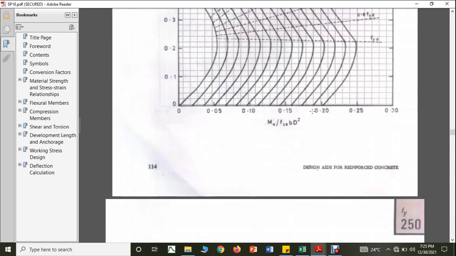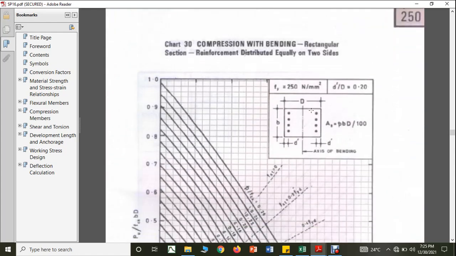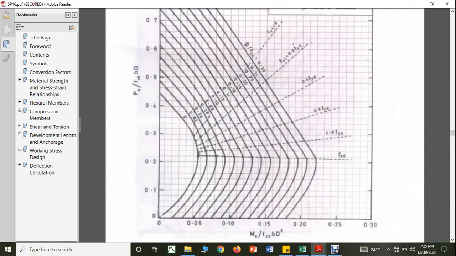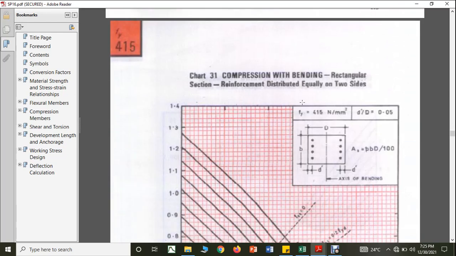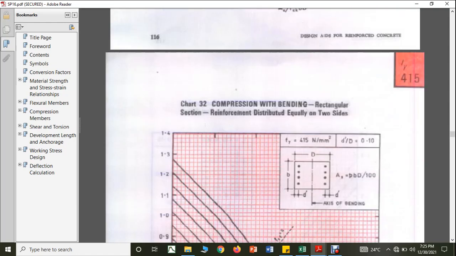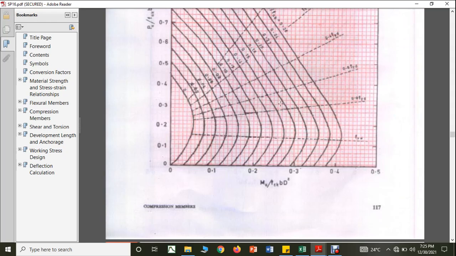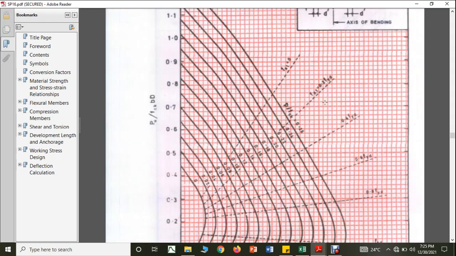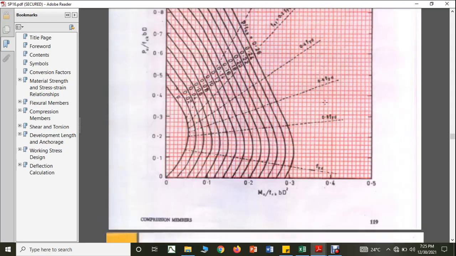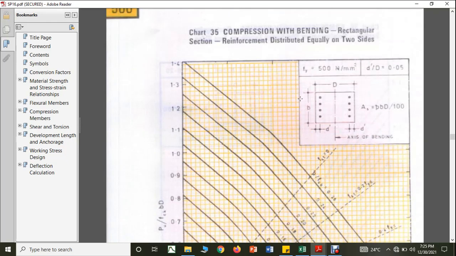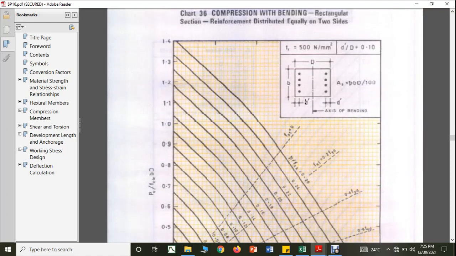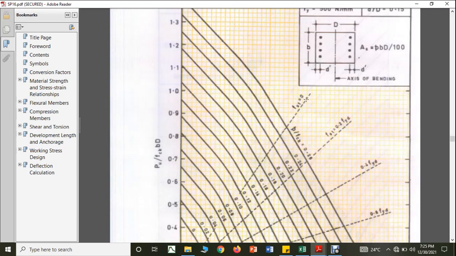So these are all for the rectangular columns, Fy 250, reinforcement on two sides and different values of d dash by d. Now this is for Fe415, like that for the different values of d dash by d. Then next you have Fe500 with rectangular column, reinforcement on two sides, with different d dash by d values.